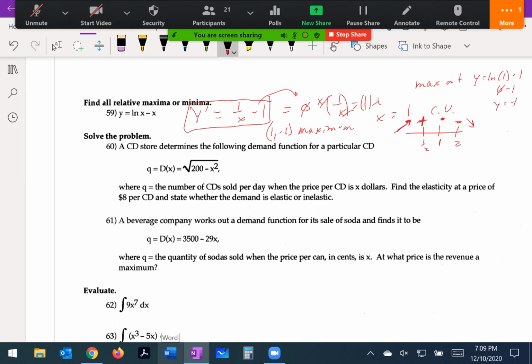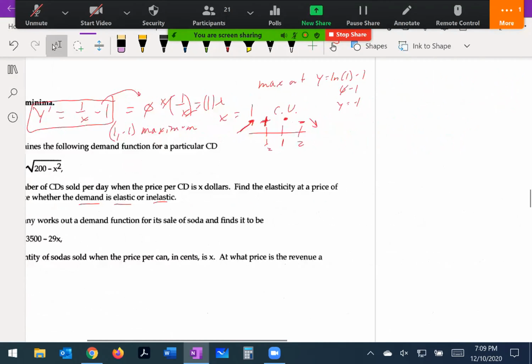Okay, number 60. A CD store determines the following demand function for a particular CD, where Q is the number of CDs sold per day and x is the price of the CD in dollars. Find the elasticity at a price of $8 per CD, and state whether the demand is elastic or inelastic.